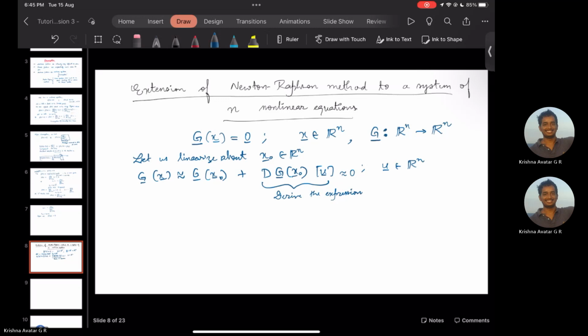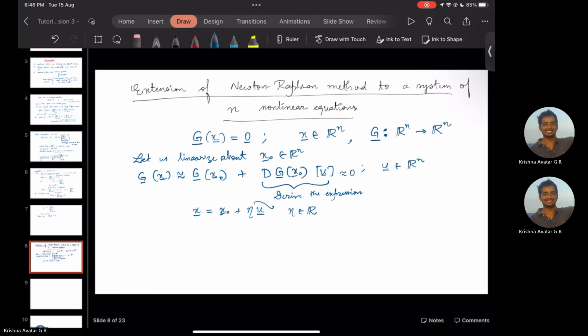So what we do is, let us define x vector is equal to x naught plus eta u vector. Fine. Now eta here is a scalar. So essentially, what we are saying is that we don't know x vector.